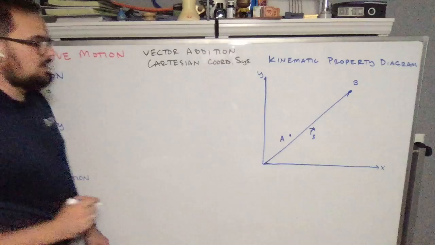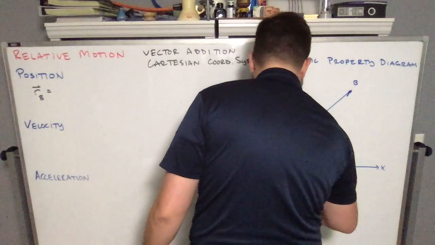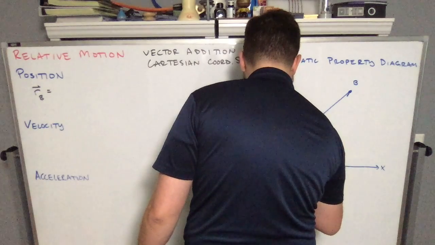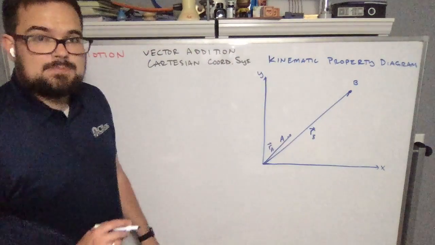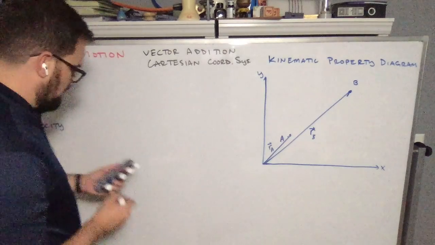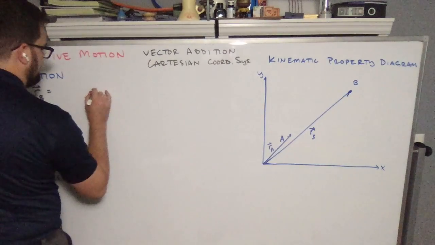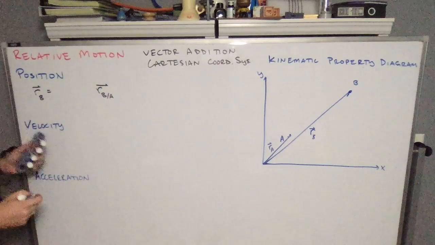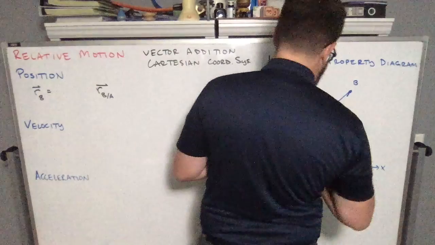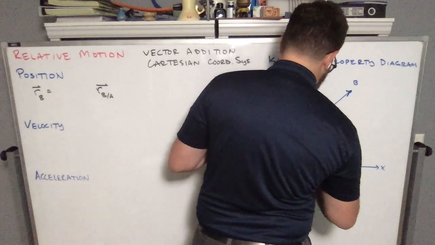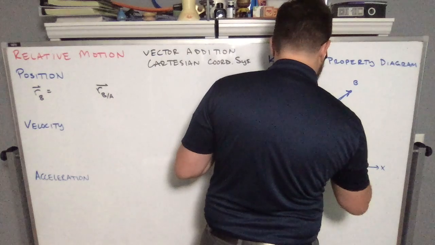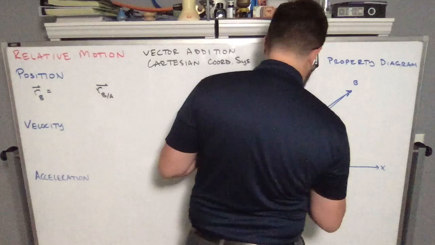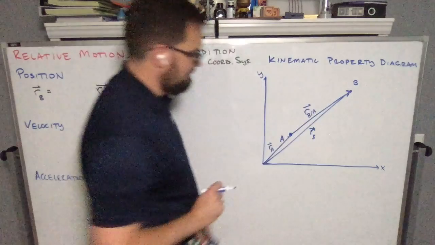Let's say instead we knew where A was, and we knew something about B with respect to A. So there's the position of A. And remember, when we say the position of B with respect to A, we're going to write it this way. RB with respect to A. And our arrowhead's going to go at our point of interest up here at B. And our with respect to is the new origin. So this is RB with respect to A, like so, with point A.